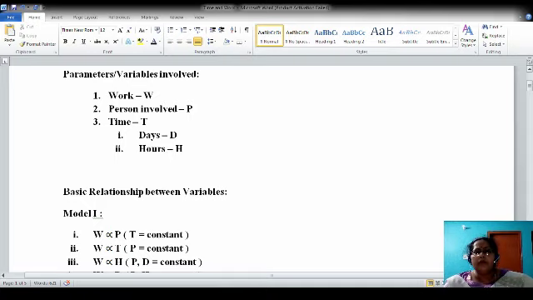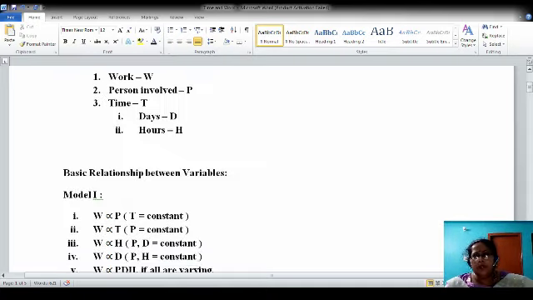Now numbers 3 and 4 are basically sub cases: if T is the number of days, then W is proportional to D, and if T is the number of hours, then W is proportional to H. So these are the cases.